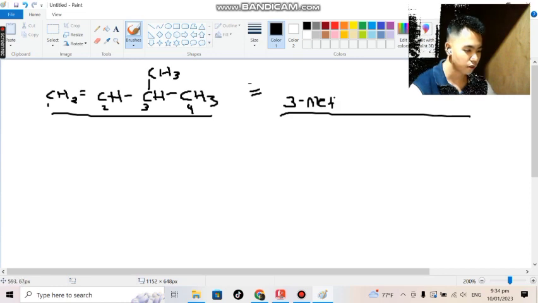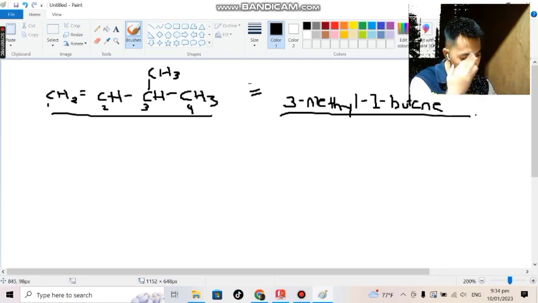And then we have our double bond here, which is located in the first carbon, so this is going to be a 1. So this is called 3-methyl-1-butene.